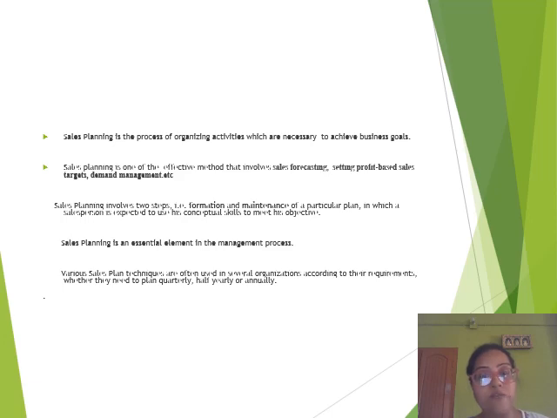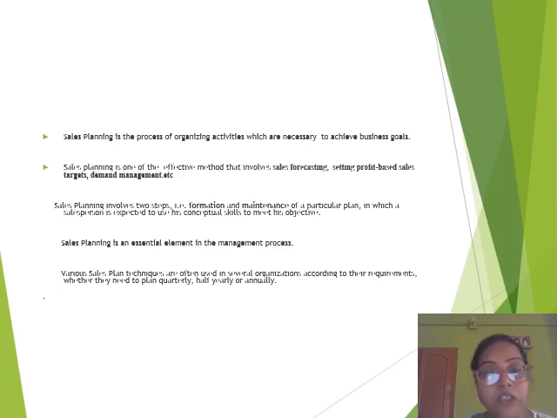Sales planning involves two steps. That is, the first is the formation and maintenance of a particular plan, in which a salesperson is expected to use his conceptual skills to meet his objectives. Now the salesperson will have his sales target.